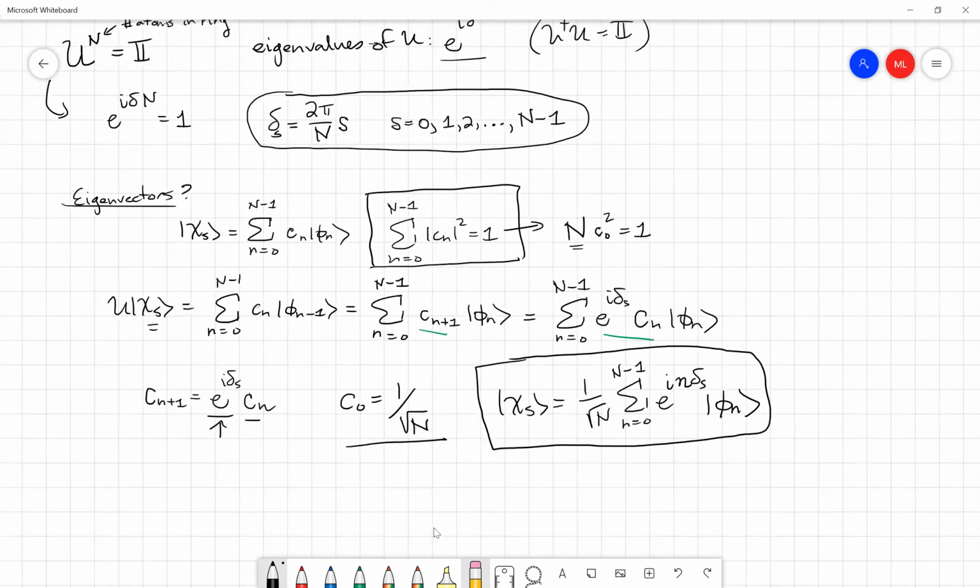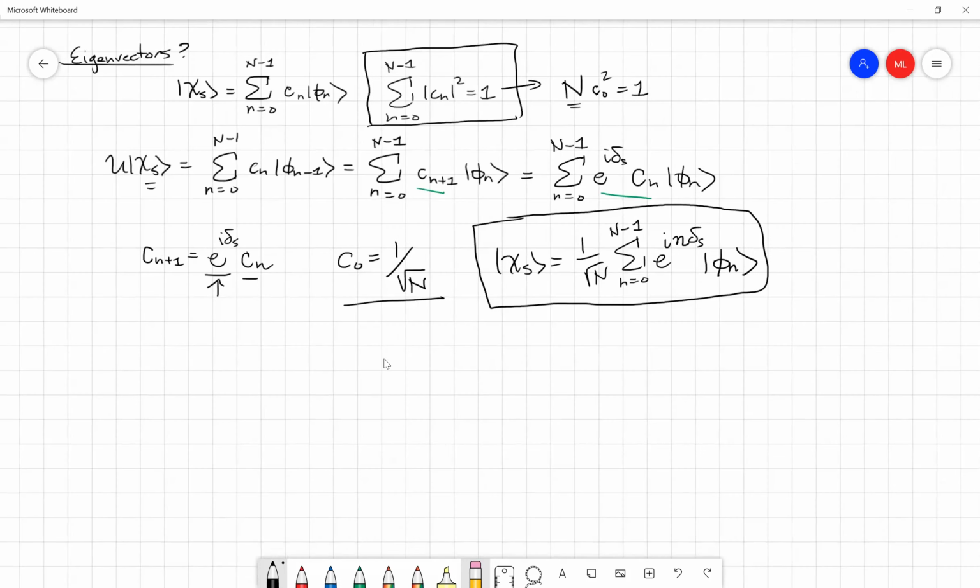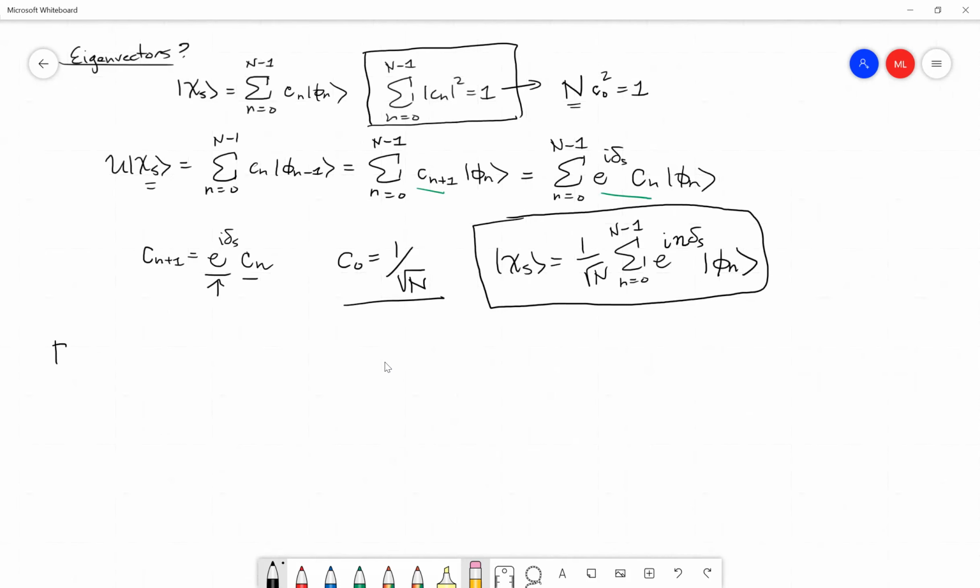So let's go back now to the Hamiltonian, and ask what are its eigenvalues. For the Hamiltonian, again, it's easy because the identity part will just give us the E0 that's already diagonal.